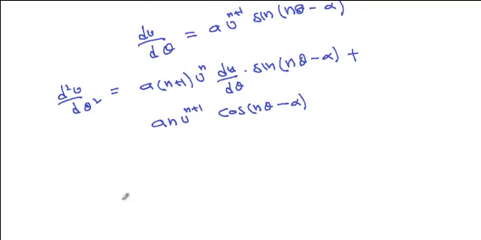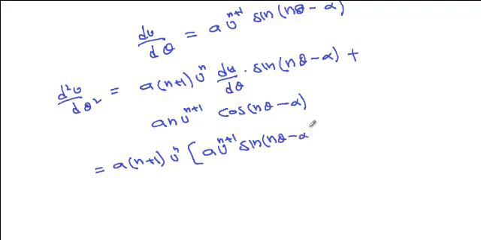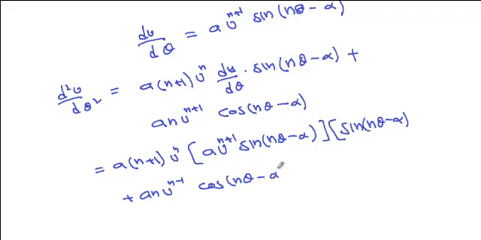So this can be written as A(n+1)u^n common, and then we can write this A u^(n+1) sin(nθ − α), and this multiplied with sin(nθ − α), plus A n u^(n+1) cos(nθ − α).